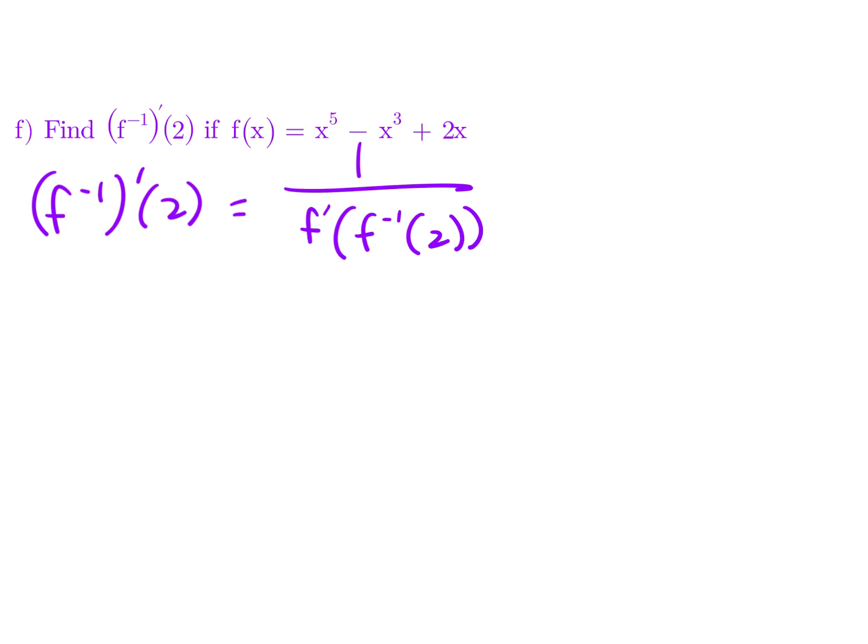So what we're going to do is we're going to set our equation equal to 2. And then that will tell us the x value that goes with this problem. And that x value then will give us this. Now, you're going to need your calculator to do this part because oftentimes these are not factorable.